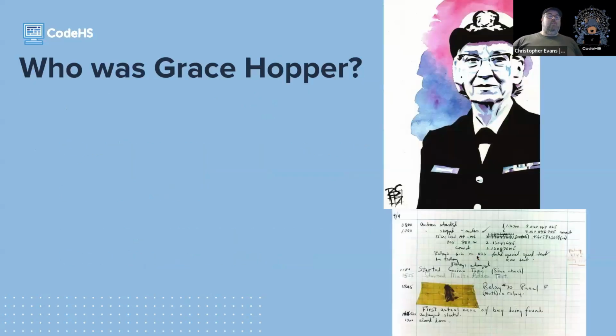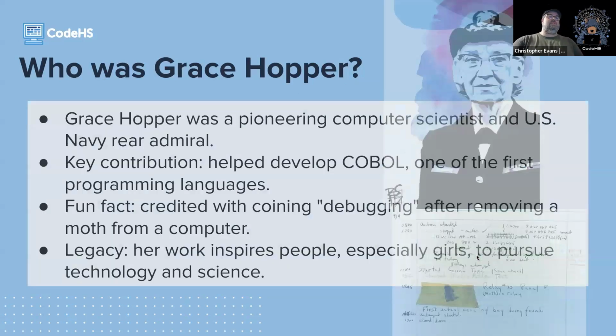And if you are not familiar with Grace Hopper, she was a pioneer in computer science. She was a U.S. Navy Rear Admiral. She is one of the first women to really bring computer science to the world.